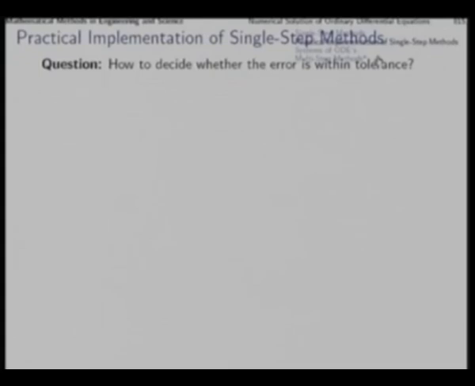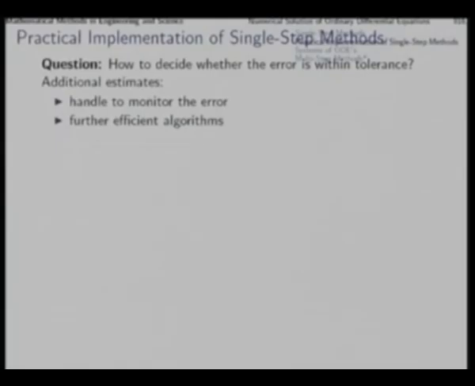For that purpose, you can do 2 things. One is, you can make an additional estimate which will give you a handle to monitor the error, and based on that you can develop further efficient algorithms, that is, whatever best you get with a particular order of method.